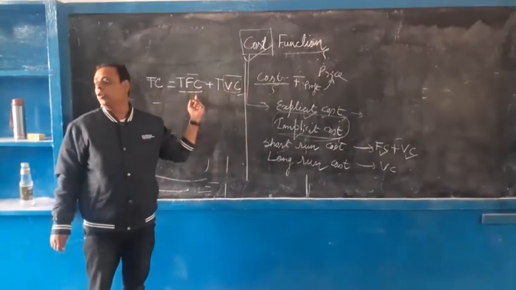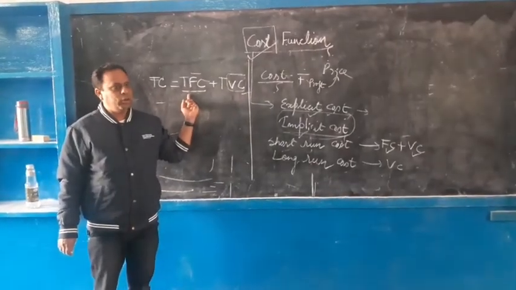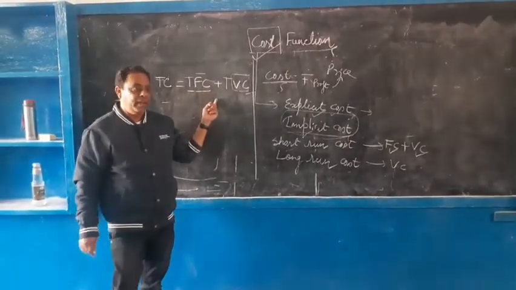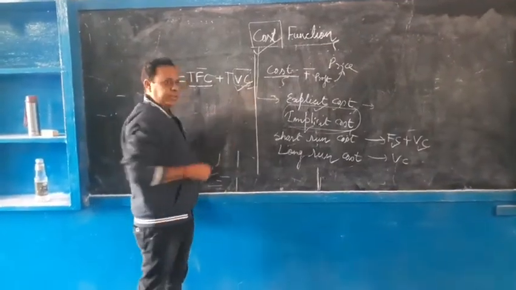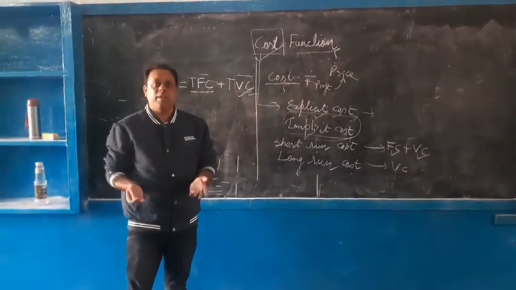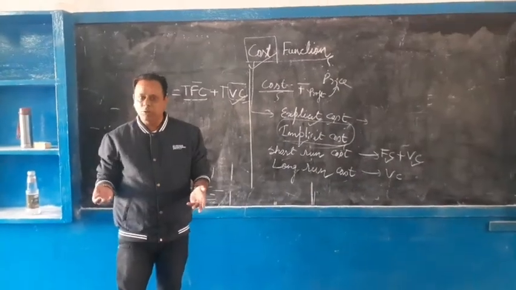Understood? Fixed cost always remains constant. Variable cost may change, and as the variable cost changes, the production may vary. Understood?